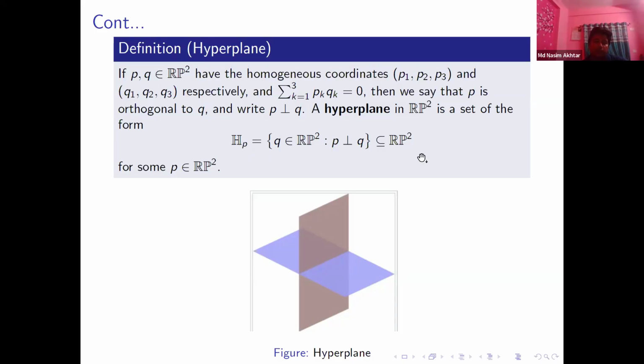For example, if you take 001 in RP2, one may think of it as the z-axis in R3. The hyperplane perpendicular to that is nothing but the xy plane, that is, all those lines which lie on the xy plane.